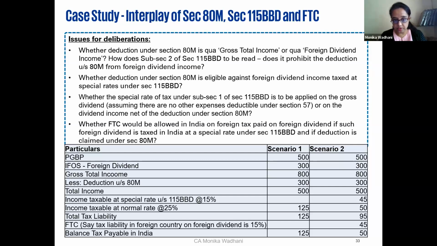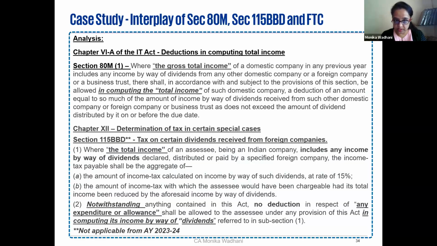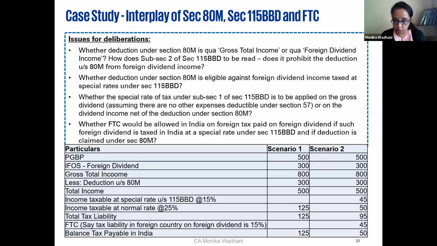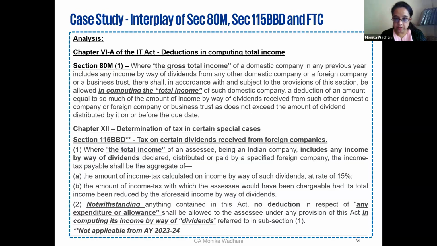So friends, before I go to these examples on the case study, we can go through the provisions of the section, and then go back to the table to understand what is the question before us, which I read in the above paragraphs. So let me read the provisions of section 80M and the provisions of section 115BBD and go back to the table and go back to the questions.